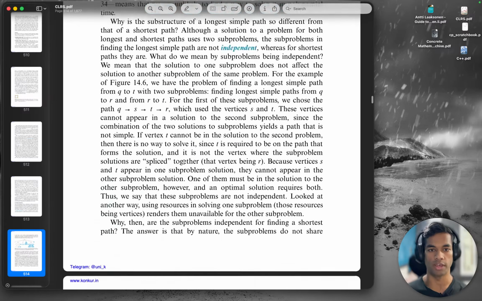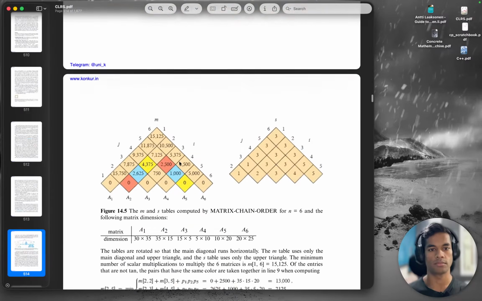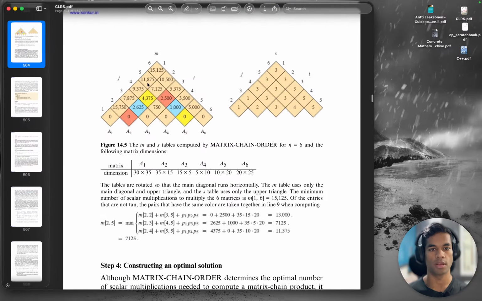Yes, it was the case in figure 14.5. When we are solving for this, we ask what is the solution of this, what is the solution for this, and what is the solution for these two. And yep, we are repeatedly asking for smaller things.